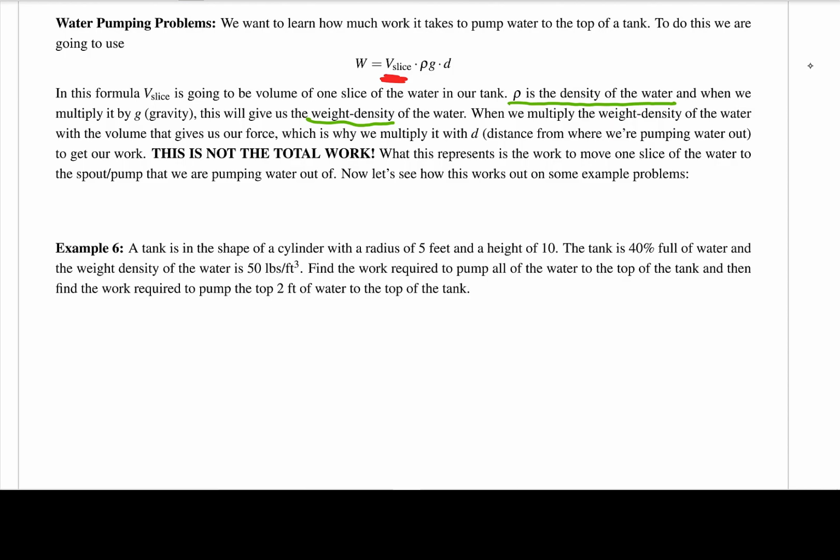If I'm pumping water just out of the top of the tank, then I just have to account for how far deep in the tank I am, and what's the distance between that and the top of the tank. However, sometimes we'll have a spout at the top of the tank. So we may need to add on some more distance to account for that, going 1 or 2 meters above the tank.